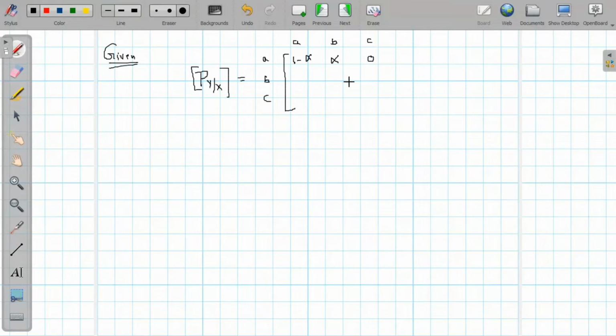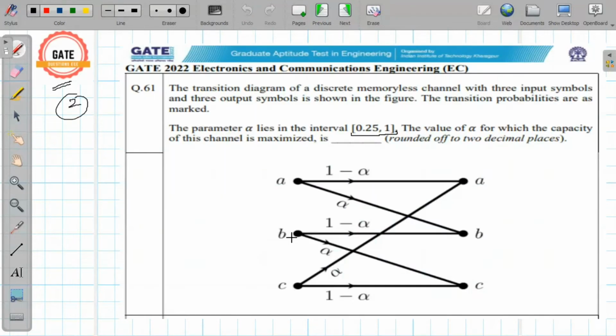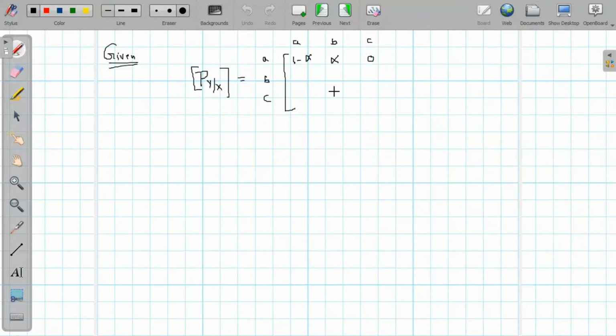Similarly, we can write the transition probabilities of this row from the transition diagram. So from B to B it's 1 minus alpha, and from B to C it's alpha, and otherwise it's 0.